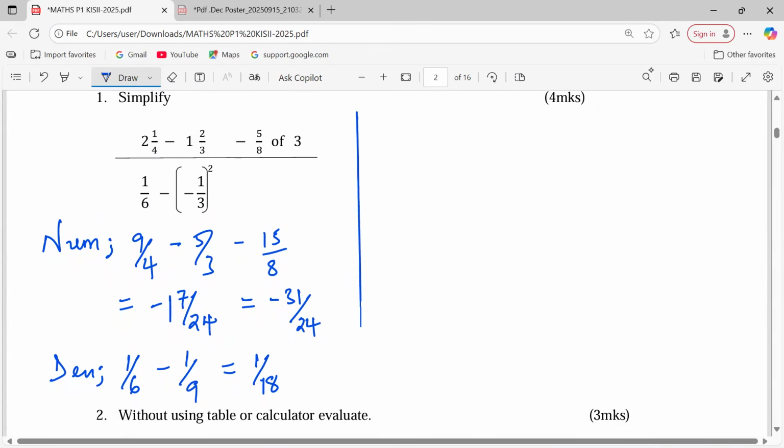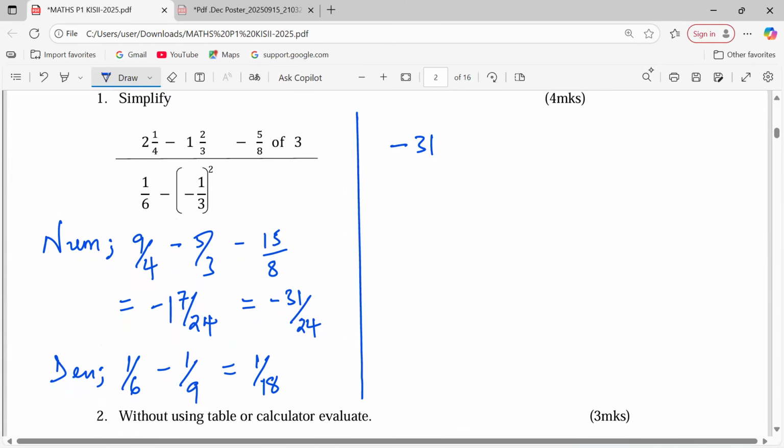Let's check now the combined. -31 out of 24 is being divided by 1/18, which now implies that -31 over 24 is being multiplied by 18/1.